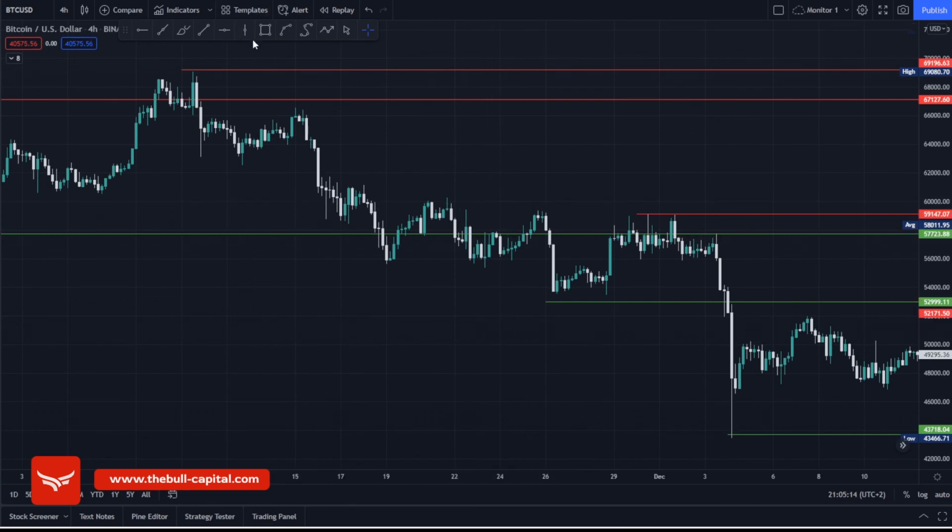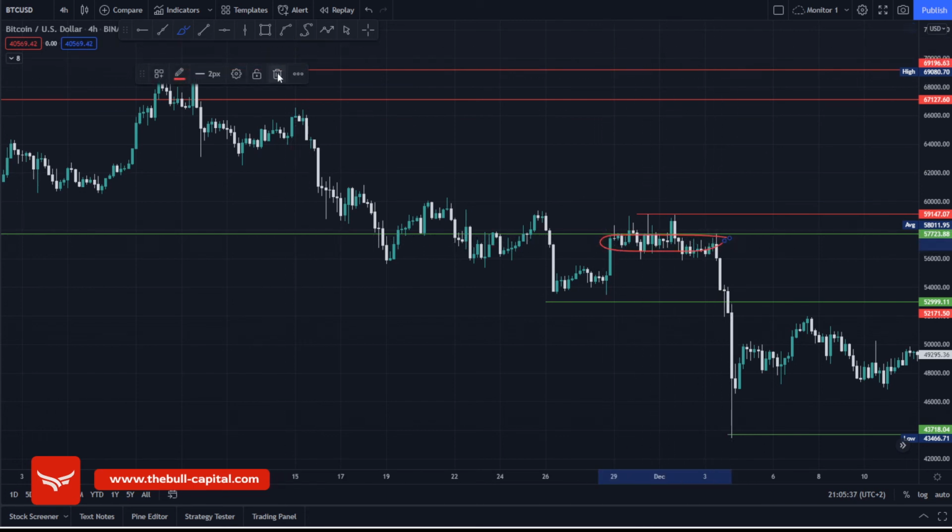This is actually an accumulation level, but we're going to talk about this in the next lessons. You see the price is holding this level down, and also here.